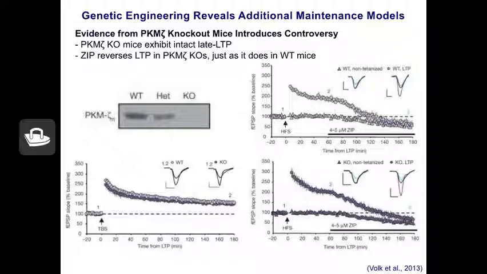So when they tested it, they found that it eliminated LTP in the wild-type mice when it was administered starting an hour after the stimulation. And this is what you would expect, because protein kinase M-zeta is supposed to be responsible for that long-term maintenance. Block the protein with ZIP, and that long-term maintenance goes away.